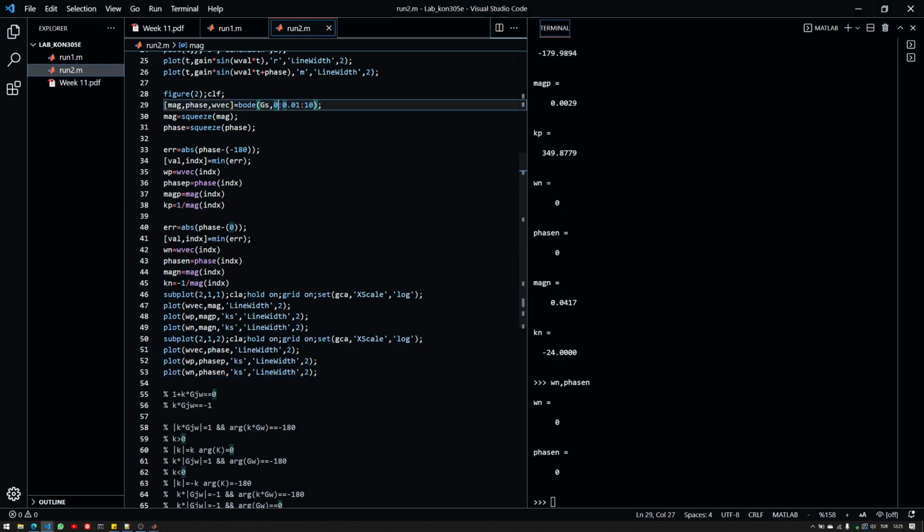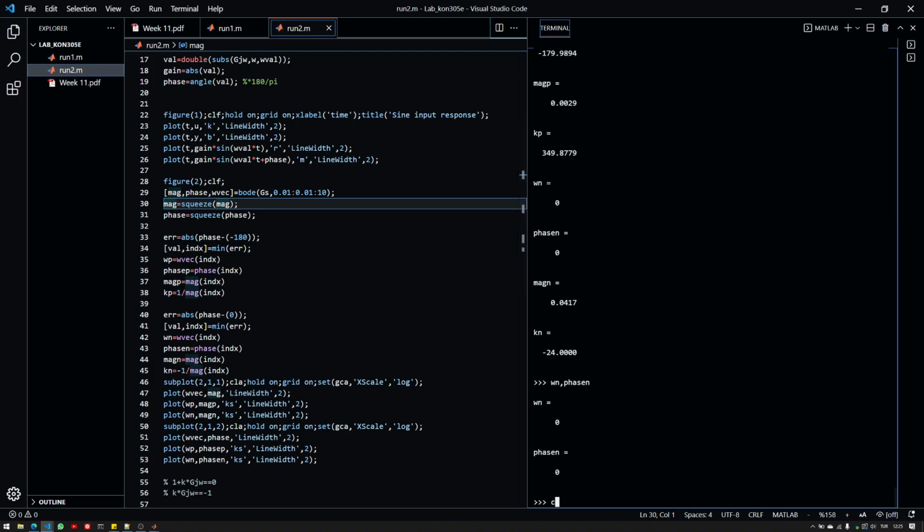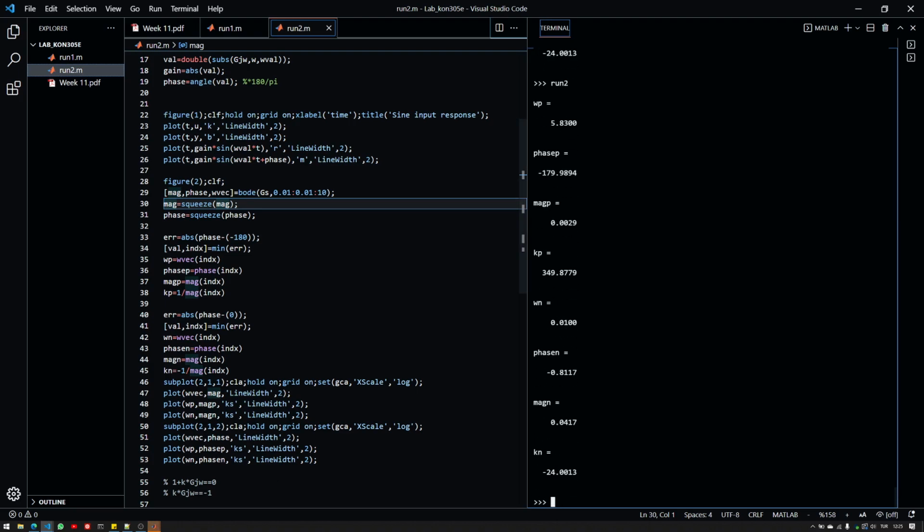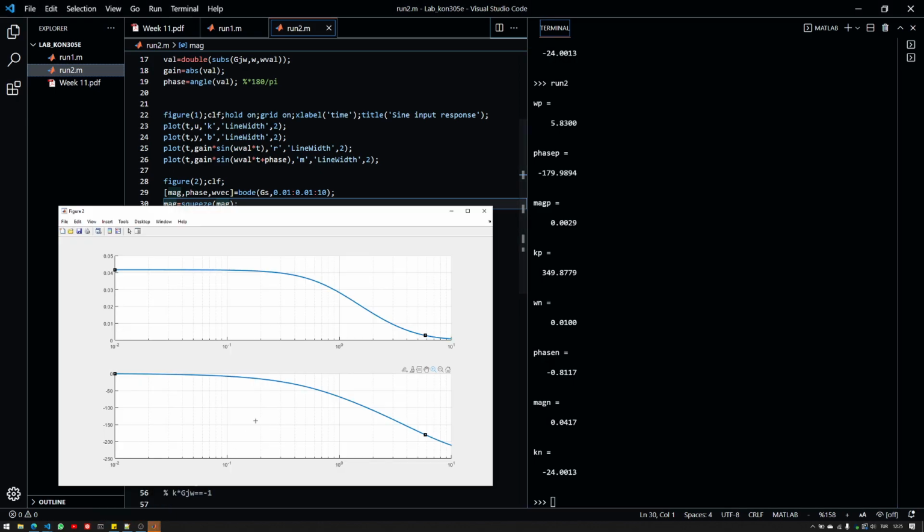So let's start with 0.01. Maybe that should solve it. Yeah, this solves it. Because there's no 0 on this graph, in the logarithmic scale it's really not possible to match exactly 0.